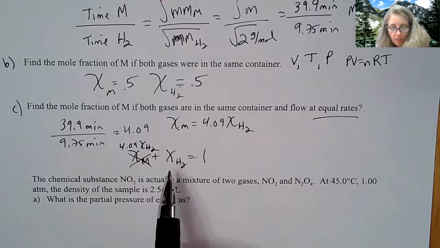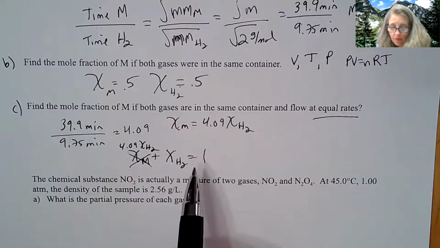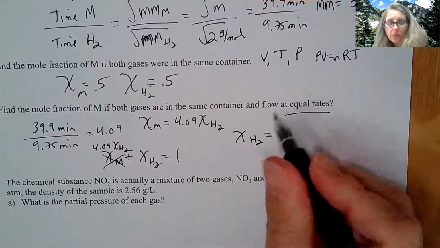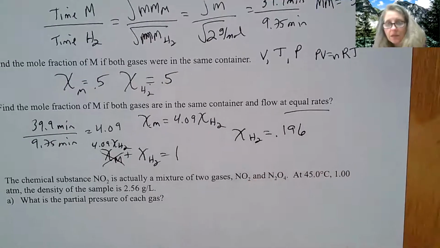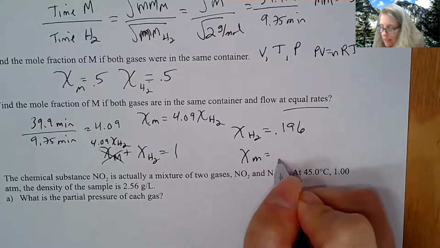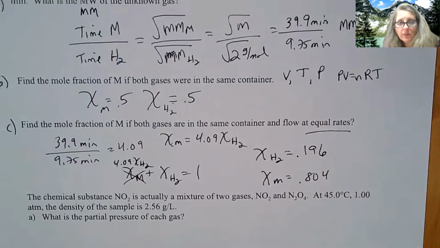Then I end up with 5.09 times the mole fraction of hydrogen. So I end up solving for the mole fraction of hydrogen as being about 0.196. And if I subtract that from 1, I get 0.084 as my mole fraction of M.